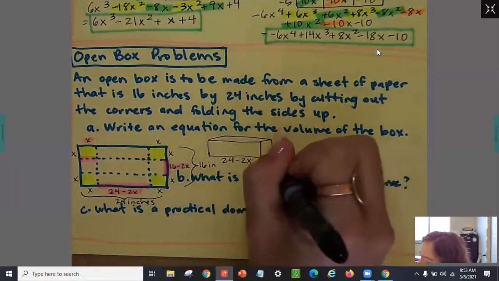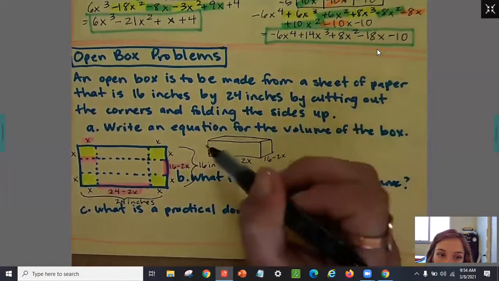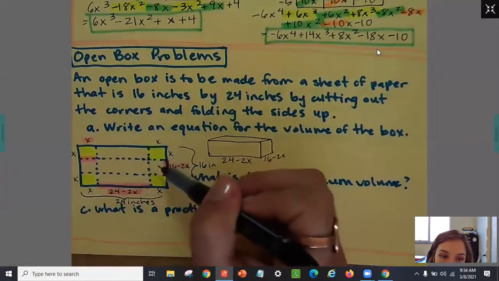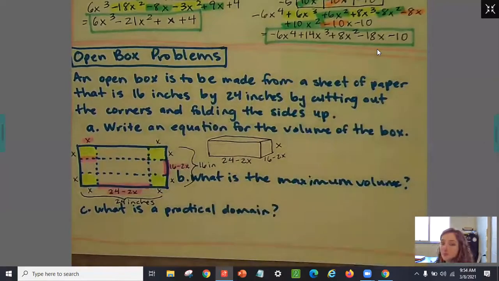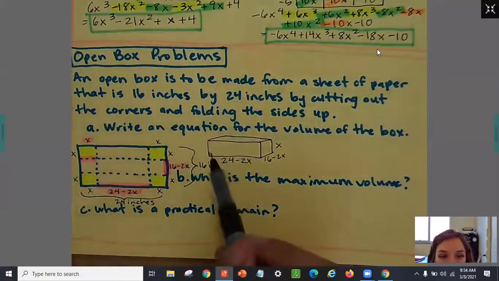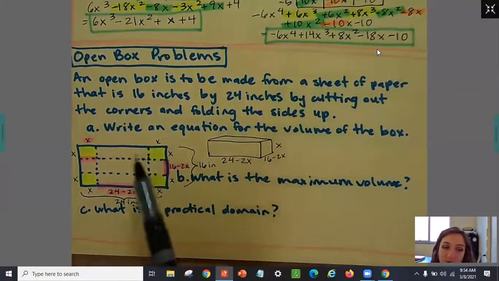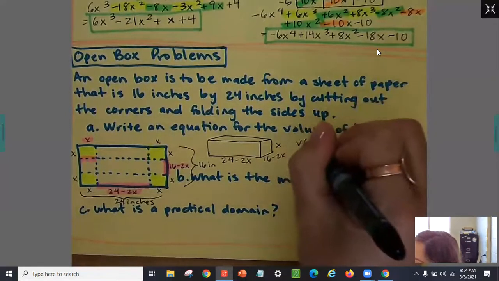This length is going to be 16 minus 2x. And then we have our height right here, which is that part that we folded up. You can think about it as this length right here, that's just going to be x long. So we have our length, 24 minus 2x, width, 16 minus 2x, and then our height, which is going to be x.